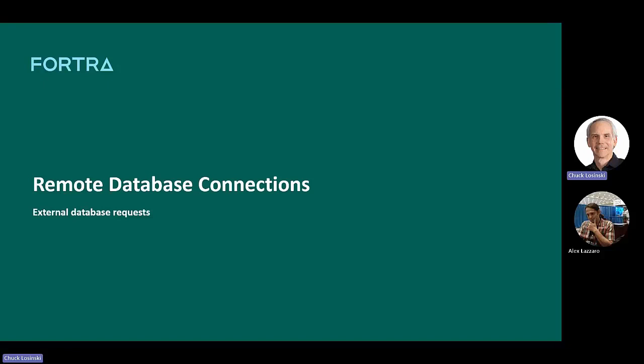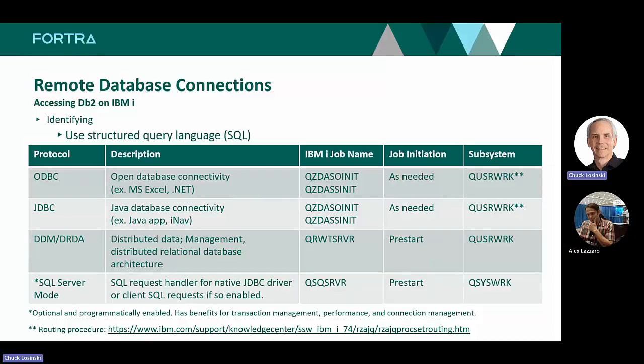We're going to start with remote database connections. More and more nowadays, IBM is being used as a database server. Developers are creating some fantastic graphical interfaces to IBM, using IBM as the background database server and connecting to the database using the toolkit that's available for IBM and using ODBC and JDBC type connections.